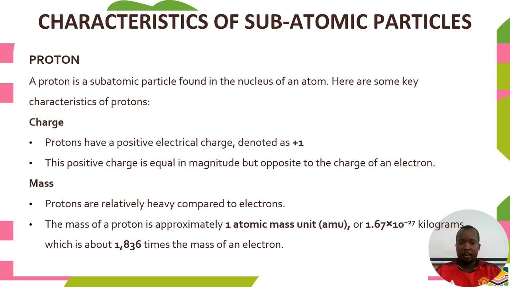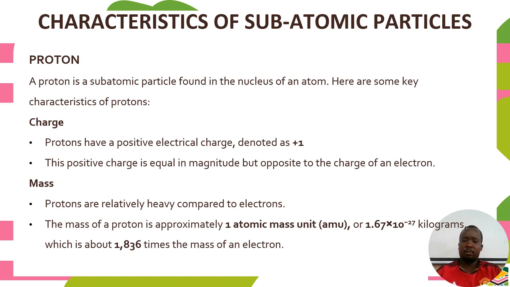Now, let us go into details on the characteristics of these subatomic particles. We'll begin by looking at a proton. Remember, a proton is a subatomic particle which is found in the nucleus of an atom.